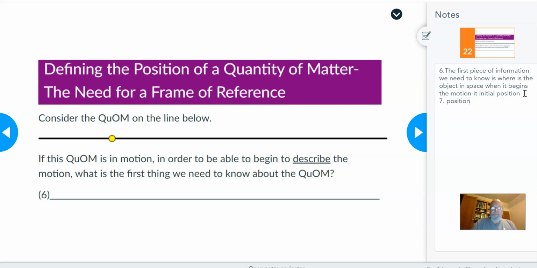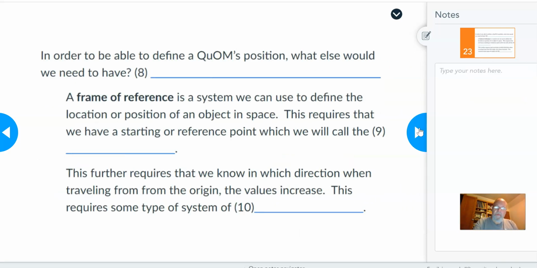Okay, now we've got to go a little bit farther than that. In order to be able to define the position, what else do I need to have? And this is the main point of this discussion here, is I need to have a frame of reference.